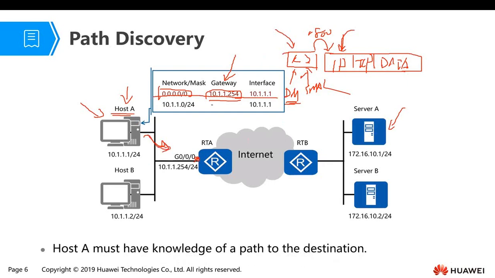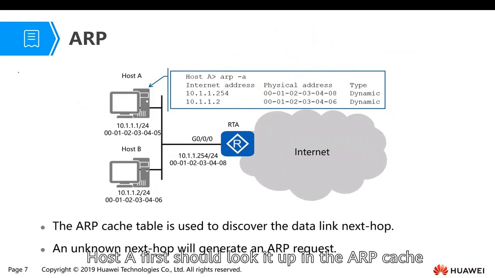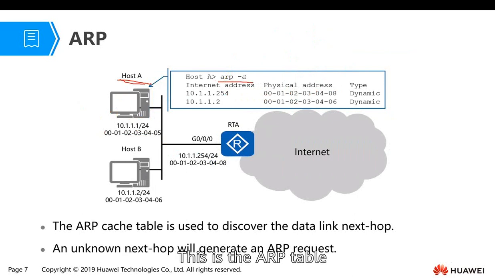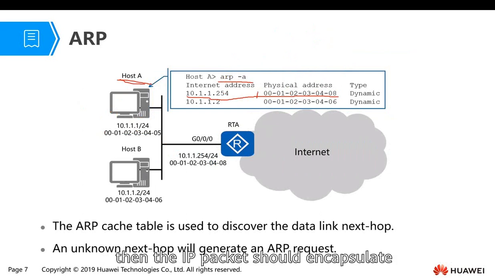Then what is the destination MAC address? Of course, host A should first look up the ARP cache. This is the ARP table. If the gateway's MAC address is found in the ARP cache, the IP packet is encapsulated at layer 2 with this MAC address.